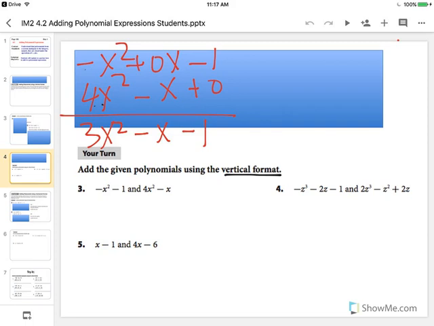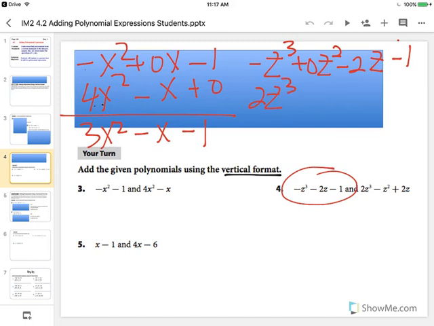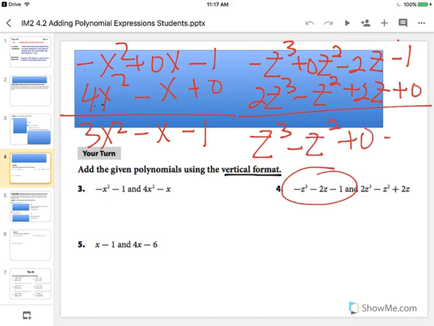Okay. And then for number 4, same thing. The first polynomial, write it in standard form. Okay, so then combine like terms, so they give us 1z to the third power minus, there should be a square here that I missed, so minus z squared plus 0 minus 1.